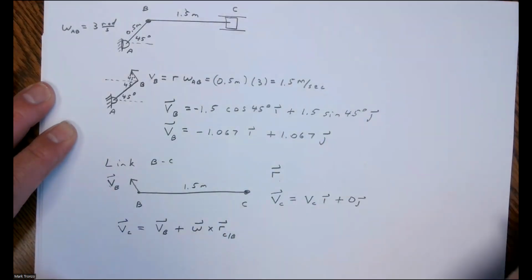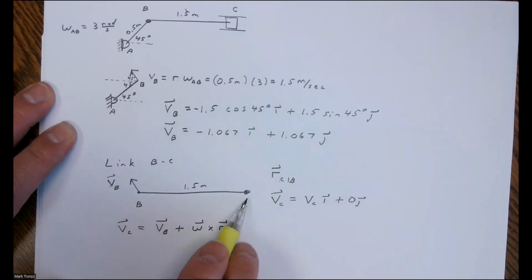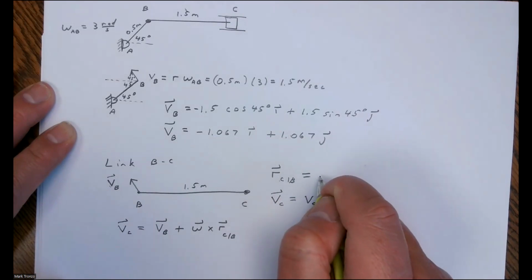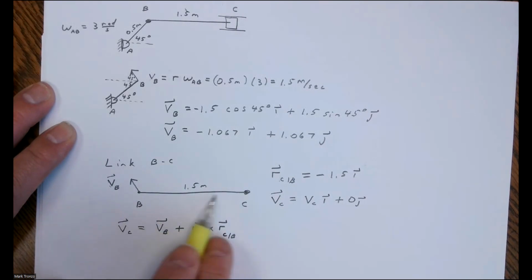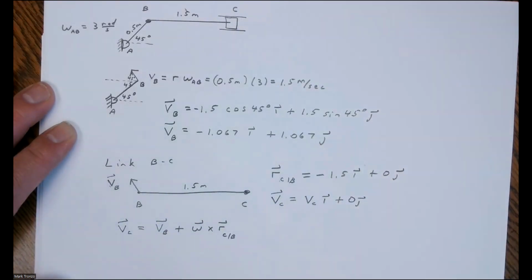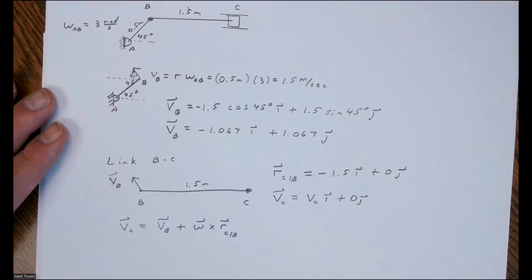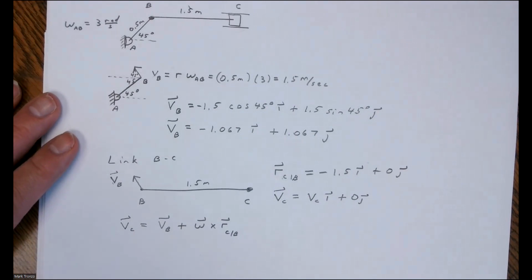If we start at B and go to C, it looks like we have to go in the negative direction, 1.5 in the X and nothing in the Y, like this. So then, what else are we going to need? I think that's pretty much it. Now we can do this calculation.